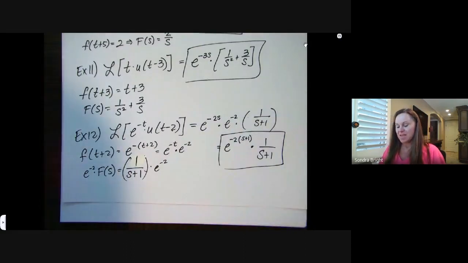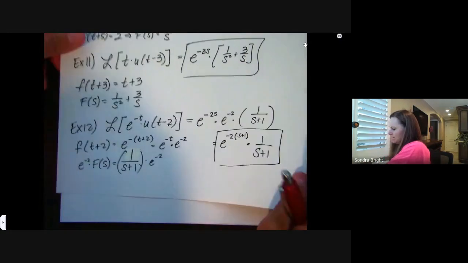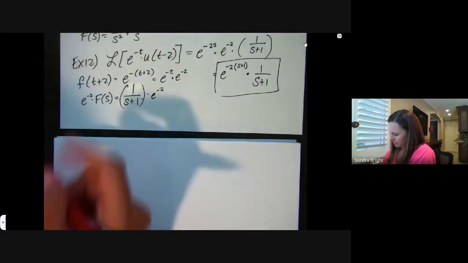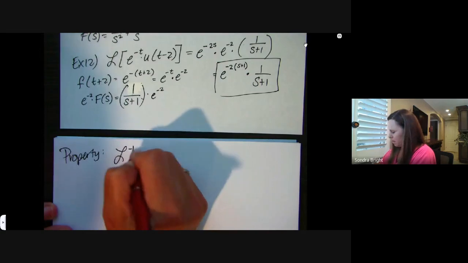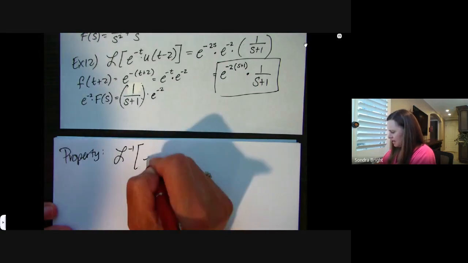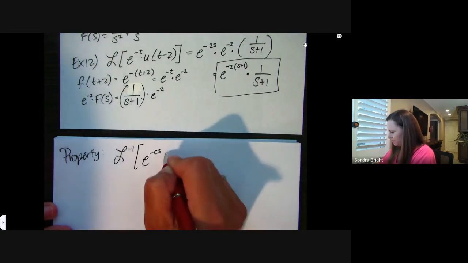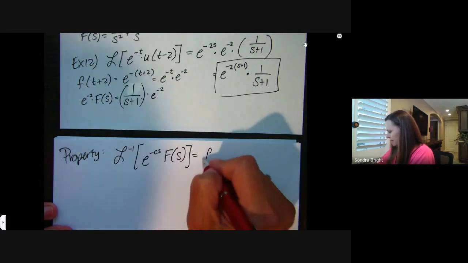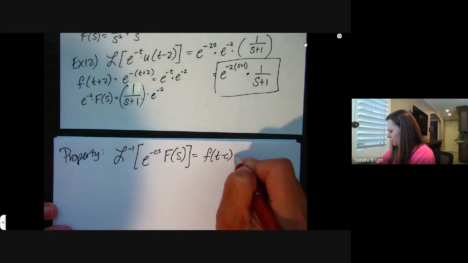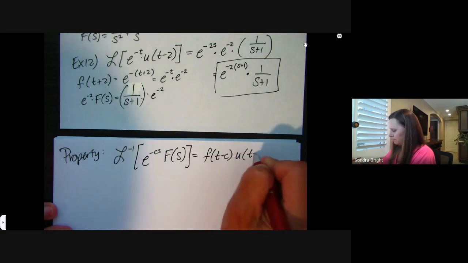Okay, let's go backwards now. We have another property that says that the inverse Laplace transform of e to the negative cs times big F of s is equal to little f of t minus c times u of t minus c.